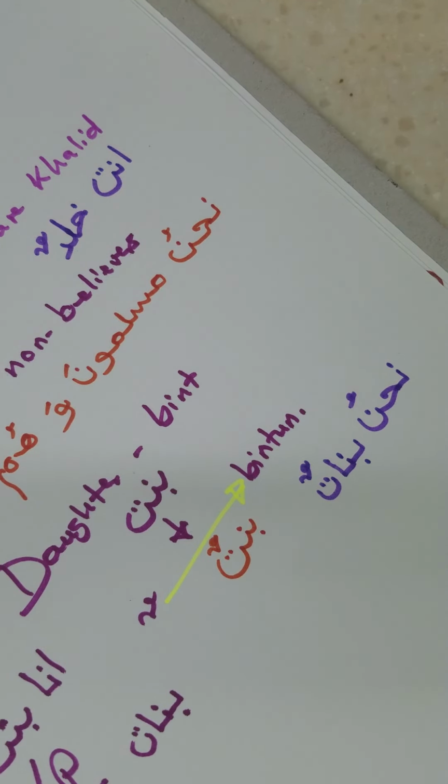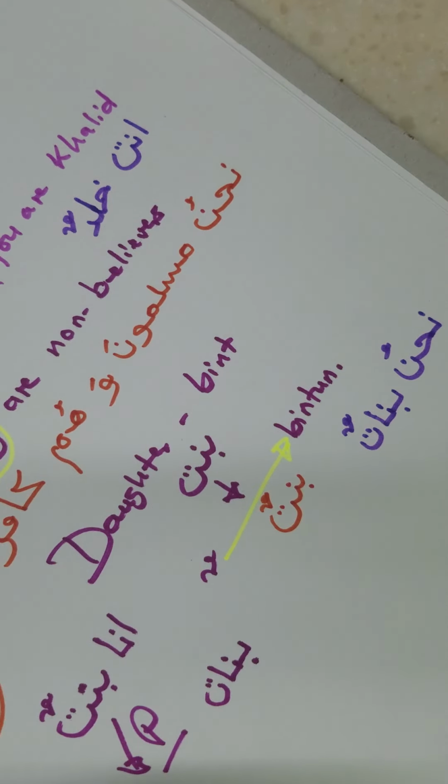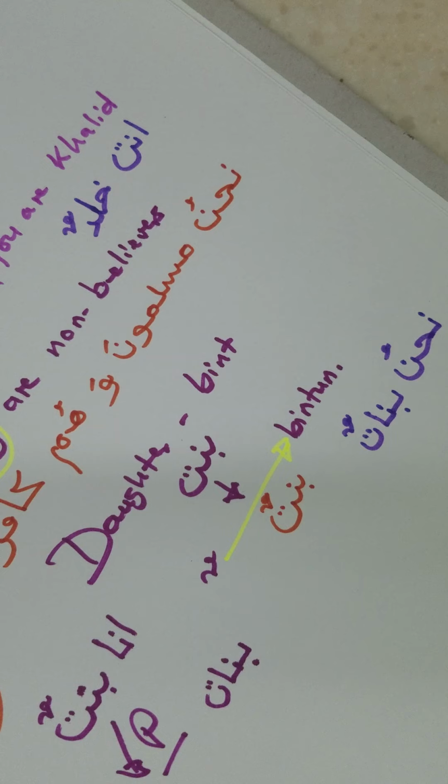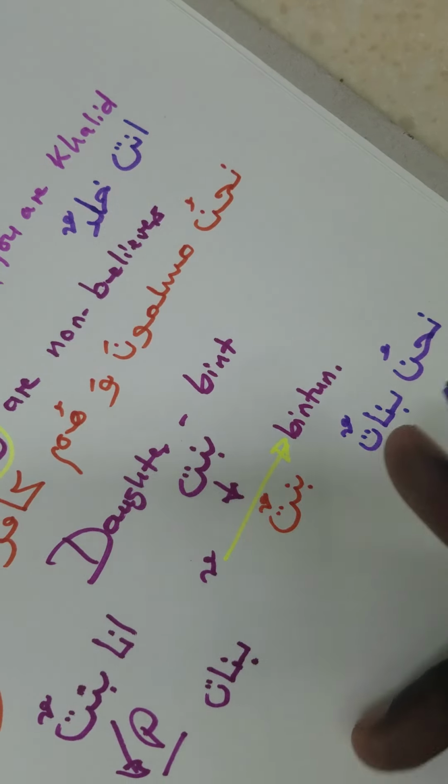There is another word which is commonly used and it confuses people. A girl. A girl can be written as fata. Some people read this word and interchangeably use it for bint, for daughter.